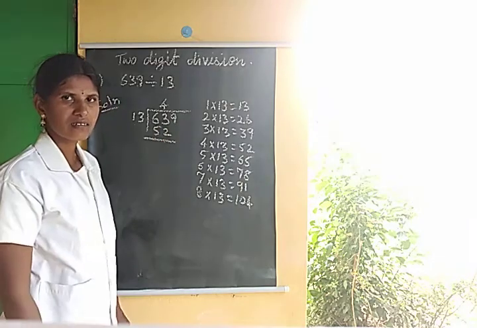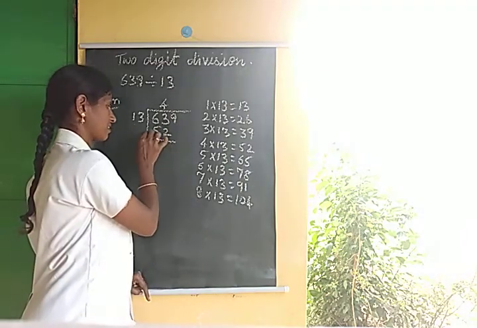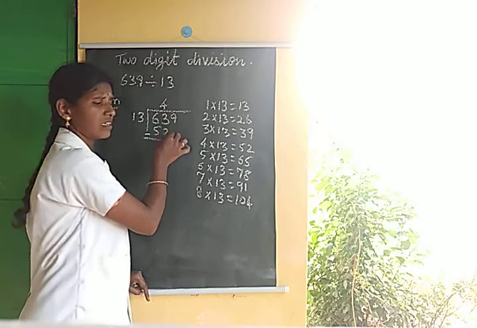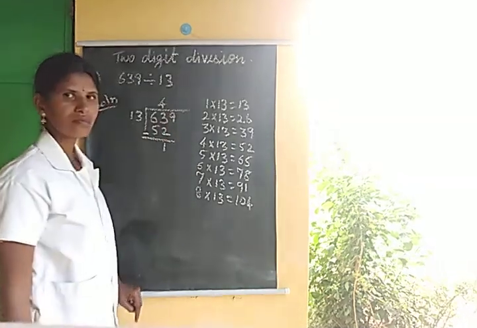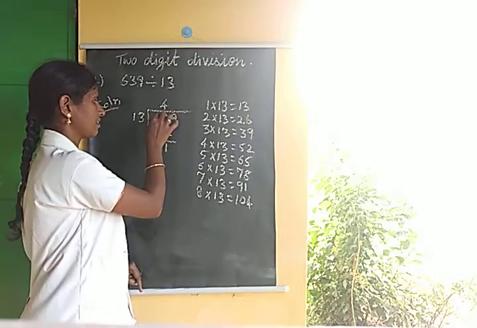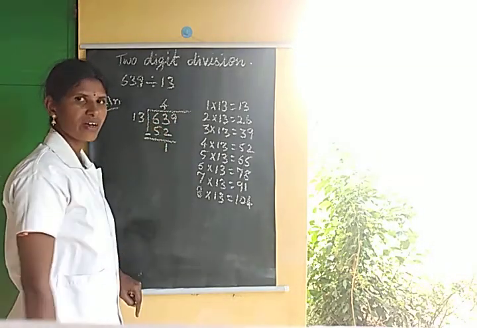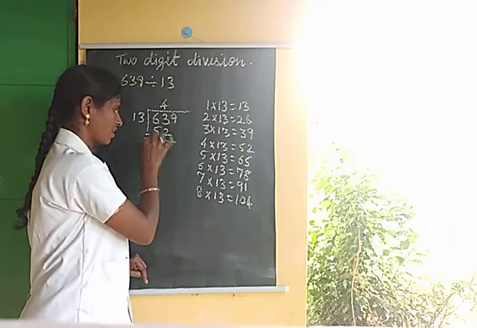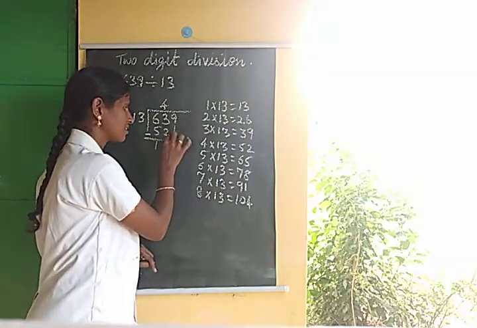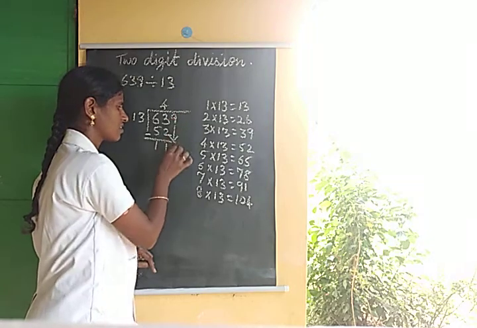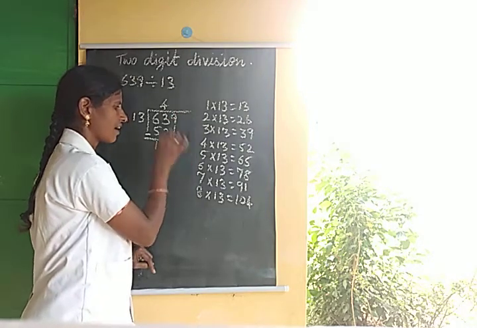Then in the next step, how to subtract. 3 minus 2, 1. Then 6 minus 5, 1. Then take the next digit. What is that third digit? 9.